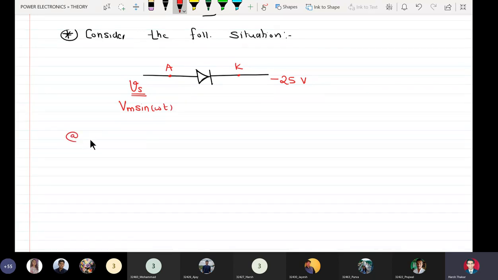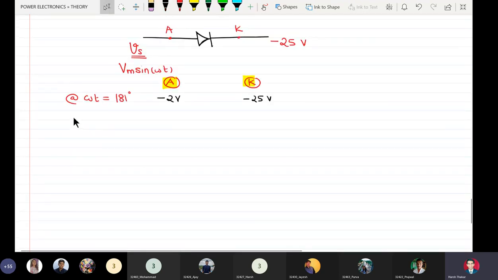So at omega t equal to 181 degrees, if I say the potentials at the cathode and anode are like this, so it is minus 2 volts, minus 25 volts. Time progresses.